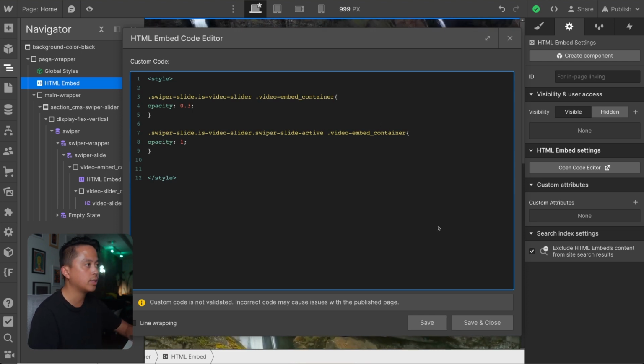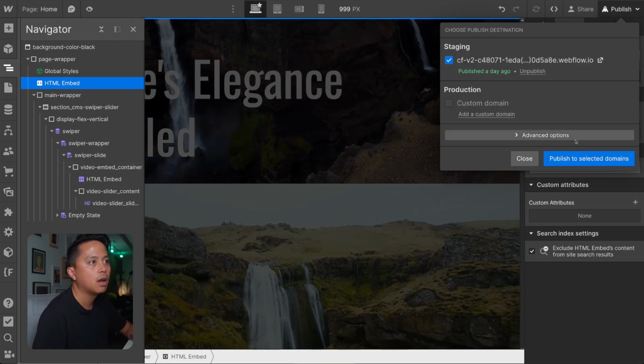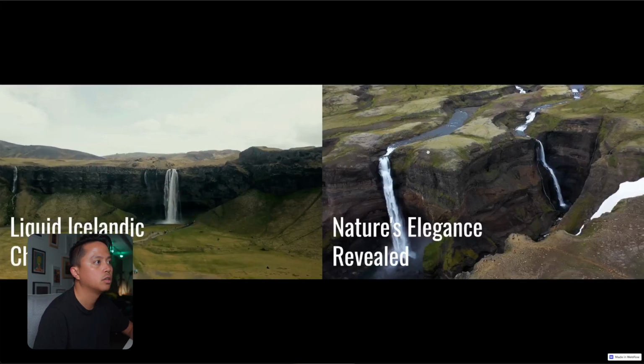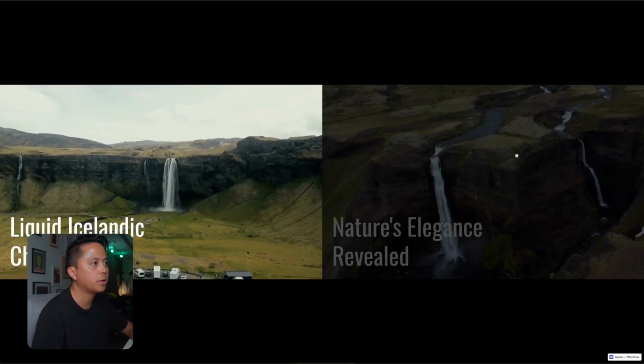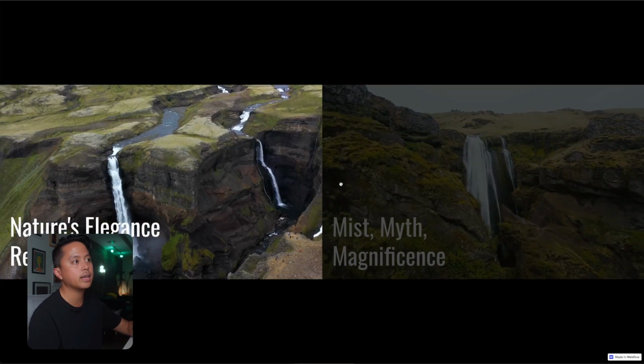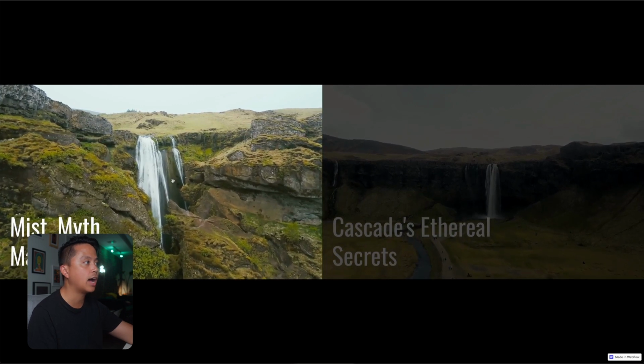Let me show you what that would look like if I hit save. We're not really going to see it in here, but we'll need to publish. Before I refresh, it looks like that. All right, it's all published. There we go. So JavaScript essentially, anytime I move a slide, adds an active class on the slide.